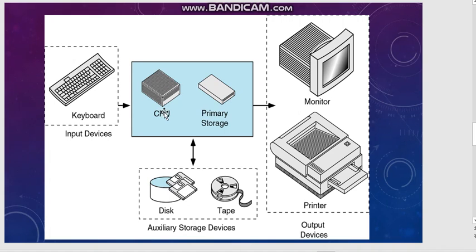Now this is our CPU where the processing takes place, and we have the primary storage as well as the secondary storage where we store the data, and once this data is processed, it produces output which can be displayed through the monitor, through the printer, and there are many other output devices.